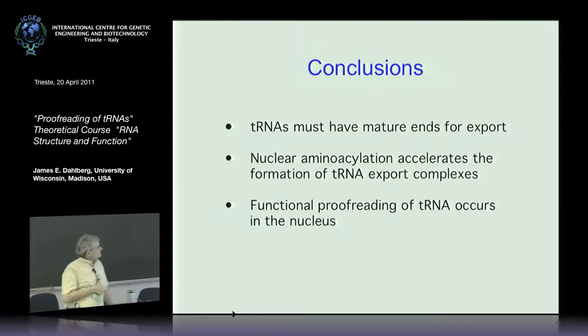So just to conclude what we've shown on the tRNAs here, ends have to be mature. Nuclear aminoacylation accelerates the formation of complexes for export, and therefore there's some kind of functional proofreading.